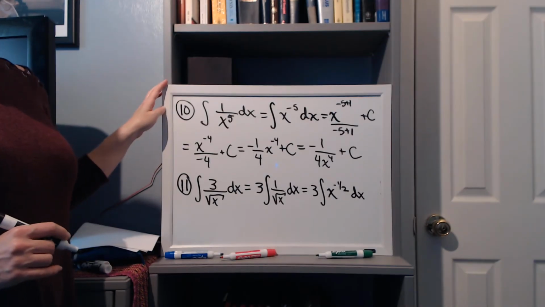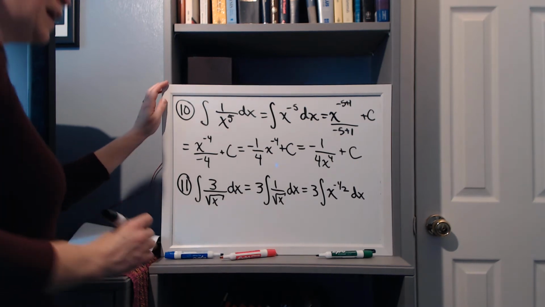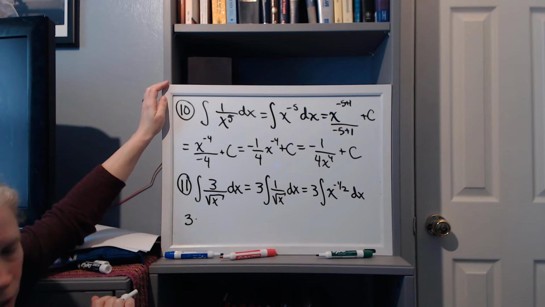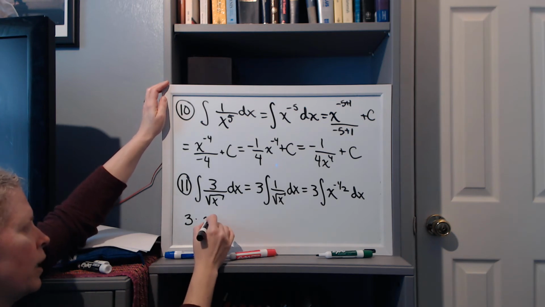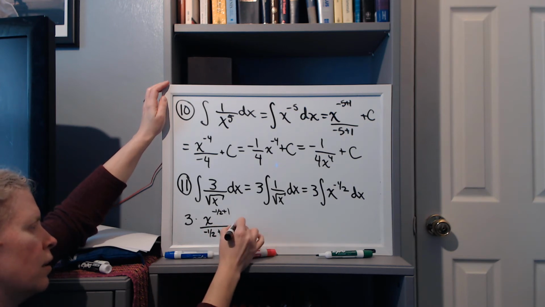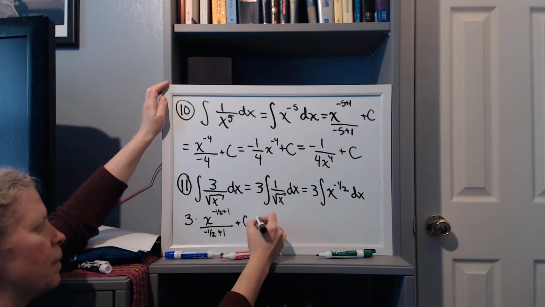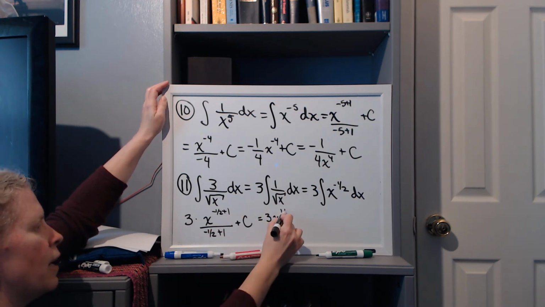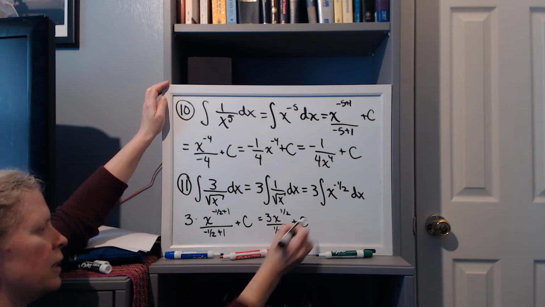as the integrand. So we have 3 times the integral of x to the negative 1/2 dx. And now we're going to apply the power rule for antiderivatives. So we're going to have 3 from the constant multiple rule. And we'll get x to the negative 1/2 plus 1 over negative 1/2 plus 1 plus c. So that's 3 times x to the 1/2 over 1/2 plus c.